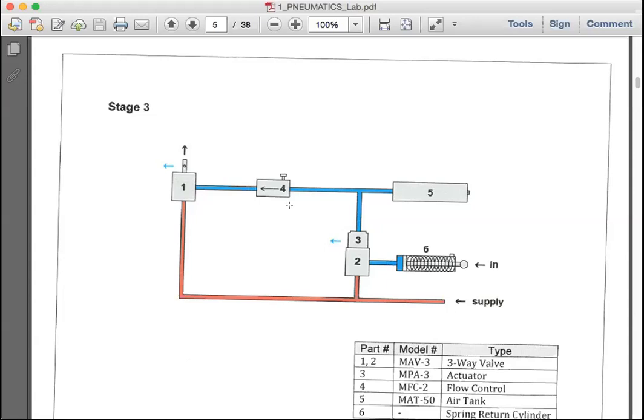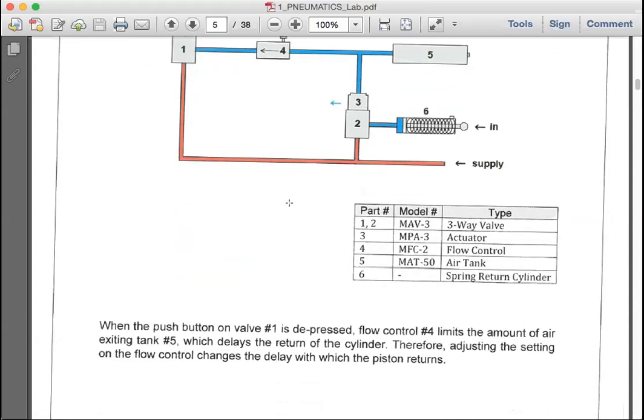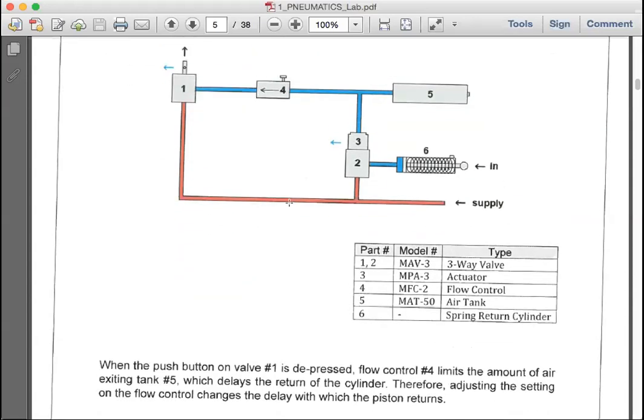And they didn't indicate here the amount of the time delay, but at the same time it depends on the flow control, how much the flow control is open.